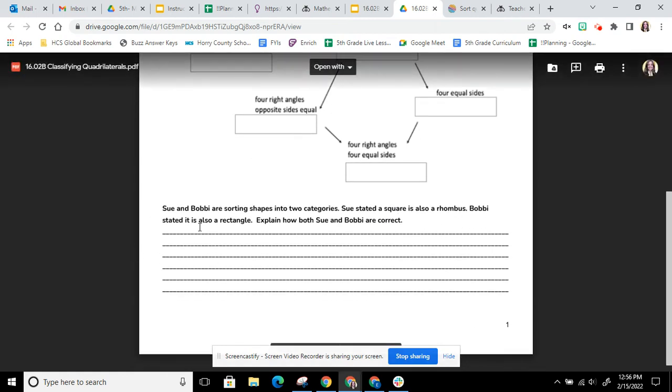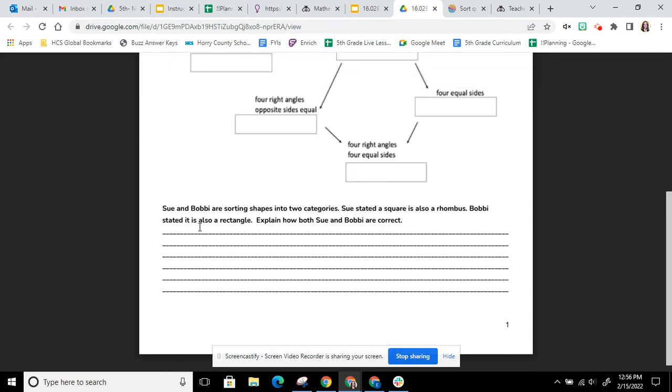Then you've got a question here. Sue and Bobby are sorting shapes into 2 categories. Sue stated a square is also a rhombus. Bobby stated it is also a rectangle. Explain how both Sue and Bobby are correct. When Sue says that a square is a rhombus, she's correct.